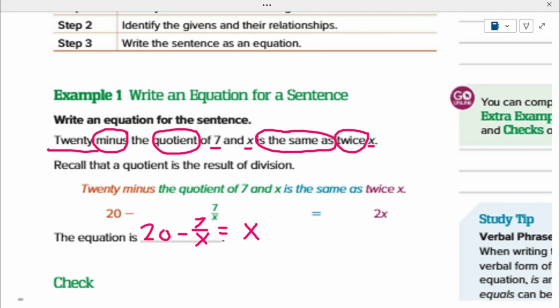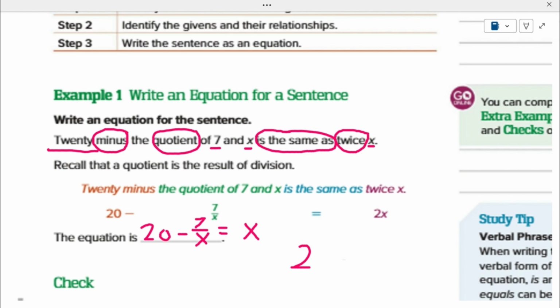Now in middle school, you might have written it like this, 2 times, but now since we're using the letter x, this looks confusing. So we're no longer going to write multiplication like that. We're going to either write it with a dot separating the two, so this reads 2 times x, or we are going to write it right next to each other.